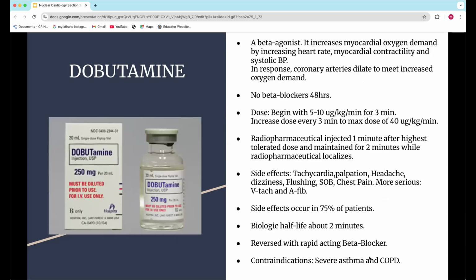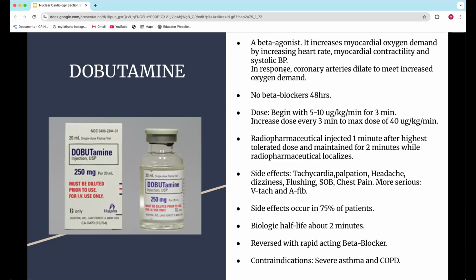dobutamine is the one that actually acts on heart rate. Okay, so it's a beta agonist. So it does the opposite of a lot of your beta blocker medication. Beta blocker medication will keep the heart rate down. This one increases myocardial oxygen demand, and that demand increases the heart rate to try to get that oxygen demand up by increasing blood flow, okay?